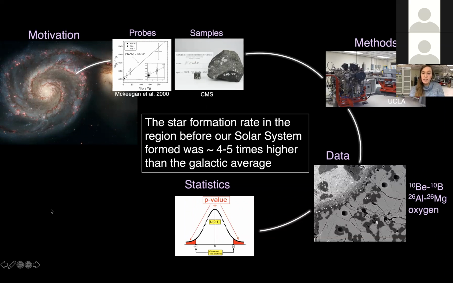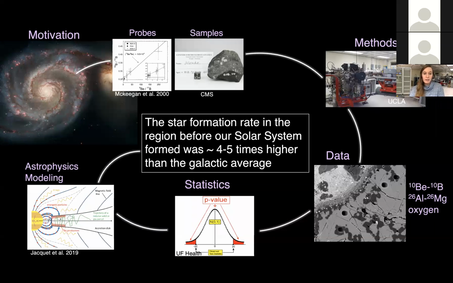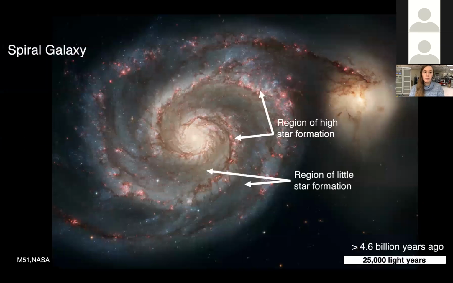And with all this data, I performed a statistical analysis on it to figure out what it actually meant. And with that, I used the final results to inform astrophysical models. That brought me to the conclusion.